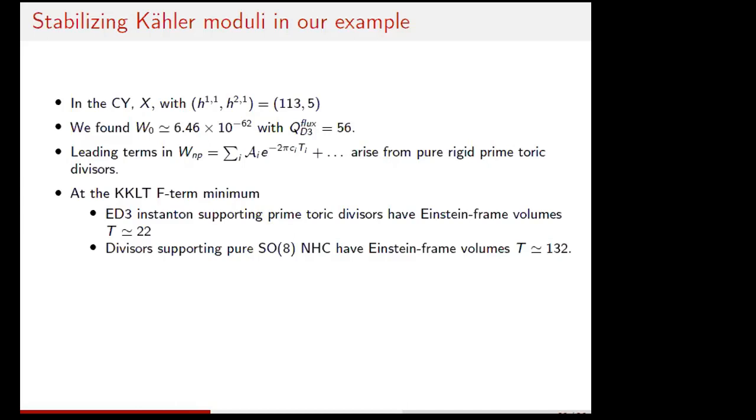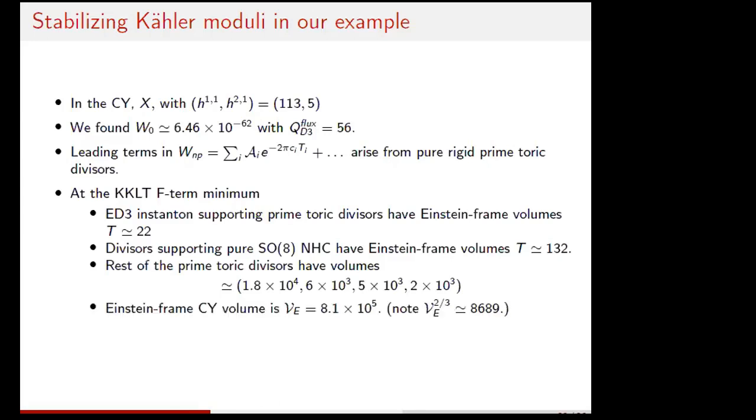And prime toric divisors that support SO(8) gaugino condensates have Einstein frame volumes 132, roughly 6 times that of the ED3 instanton-supporting divisors. The rest of the prime toric divisors are huge, as you can see. And this is a seed for some hierarchy between the instanton-supporting divisor volume and the Calabi-Yau volume.